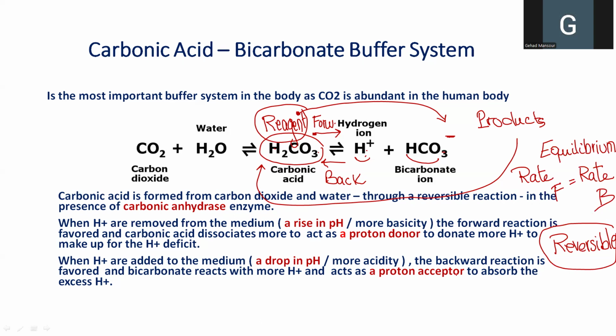And then gradually, as the reactant molecules diminish and the product molecules increase, the rate of the forward reaction diminishes gradually, and the rate of the backward reaction increases gradually until they become equal to each other, and we reach a state of equilibrium.